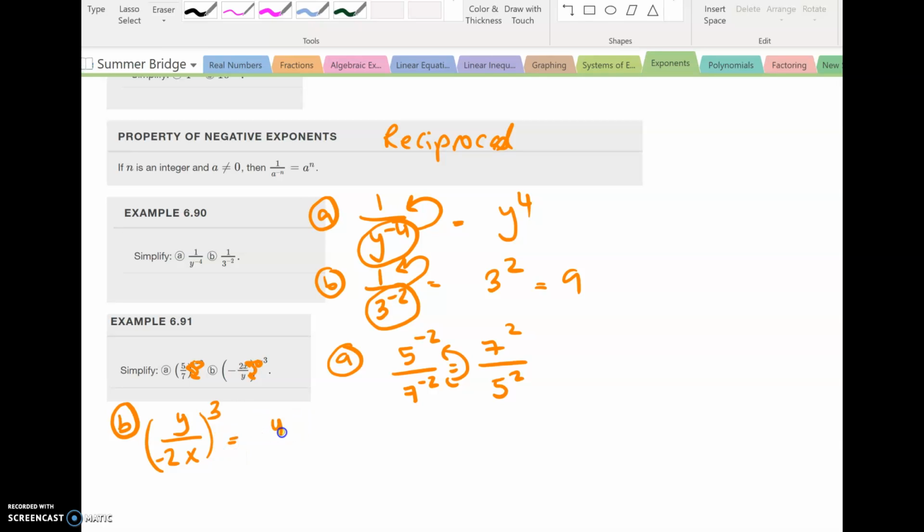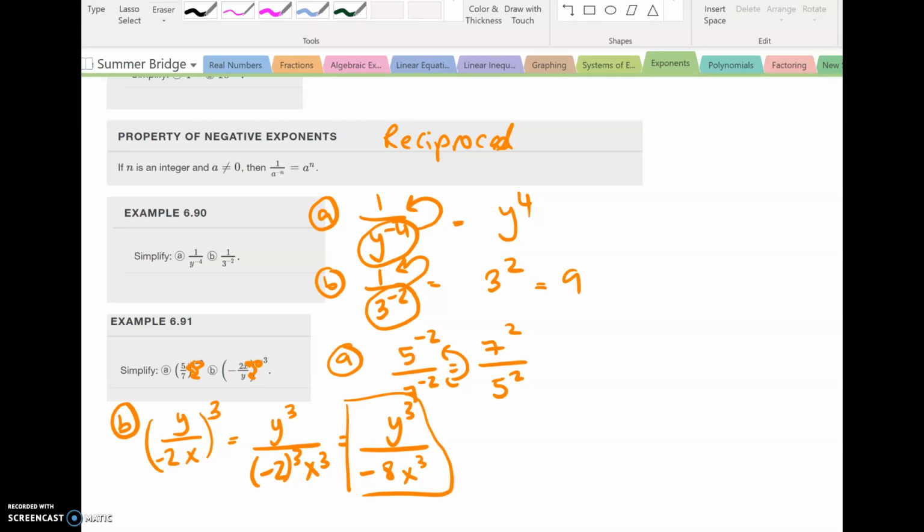And then I just go ahead and raise every single little thing to the third power. So I have y to the third. Keep in mind, it's going to end up being a negative because it's an odd exponent. So I'm going to have 2 times 2, 4 times 2, 8, and then x to the third power. And really, that's it, guys. That's really all we're doing for this.